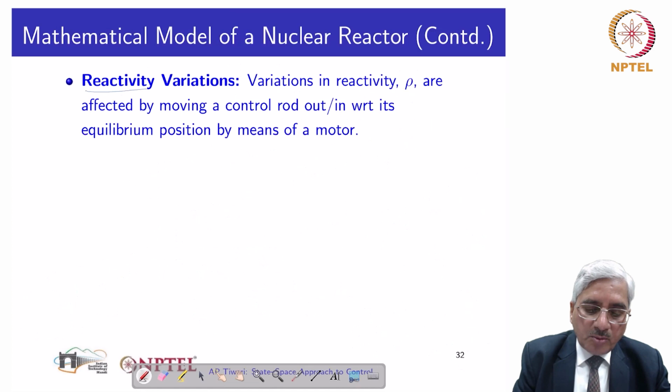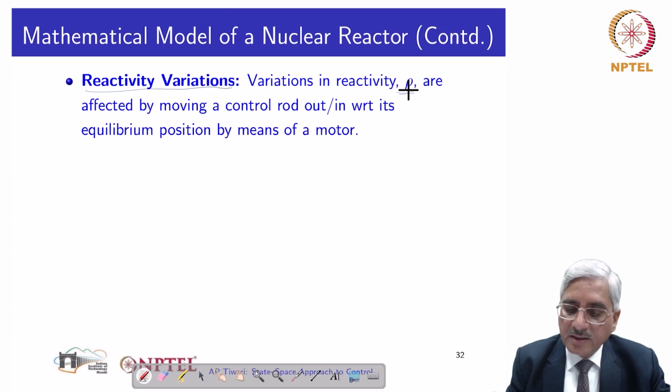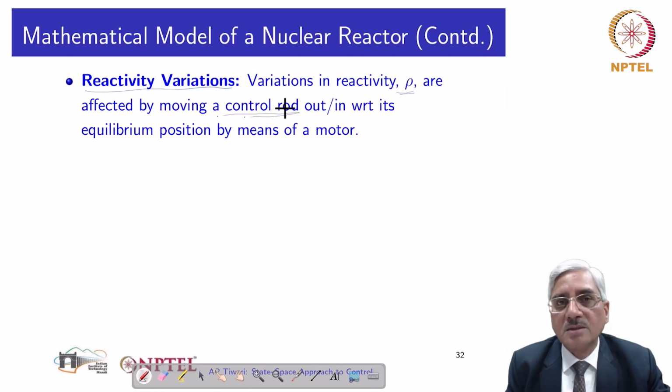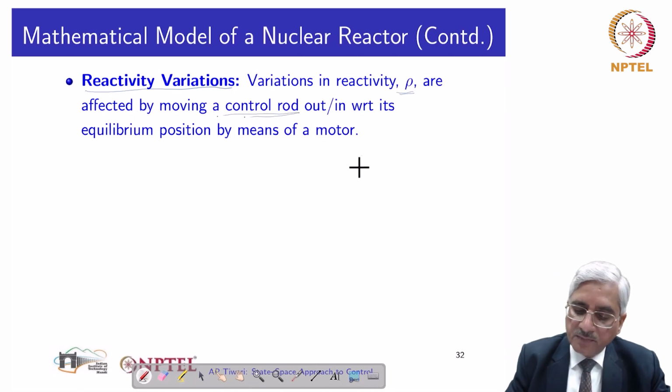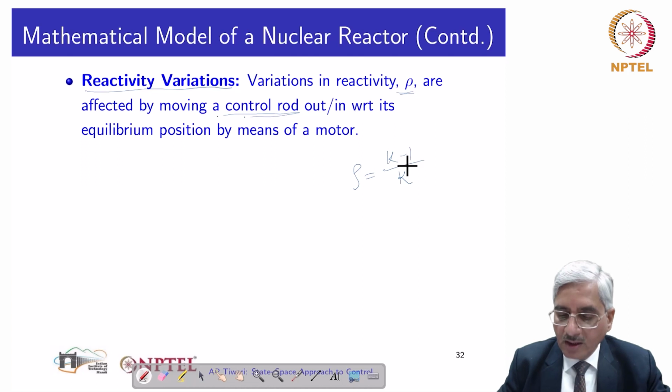Now we need to model the reactivity variations. The variation in reactivity rho, they are affected through a control rod. Now if you see the expression for rho, it is k minus 1 by k. Please recall, it was there in the lecture a little while back. And k in that is nu sigma f by sigma a.